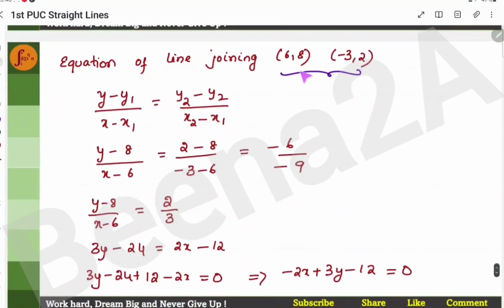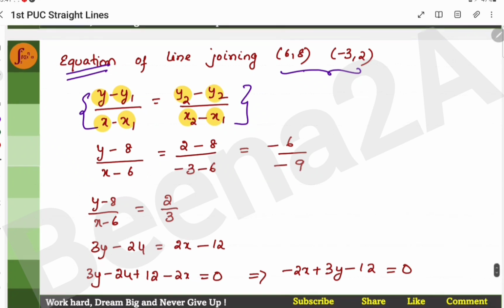Now how do you find the equation when 2 points are given? You have to use this formula, the 2-point form. When 2 points are given, and you have to find the equation, you should have x and y, and then you should have both the coordinates. So you substitute all this, you will get one equation here.